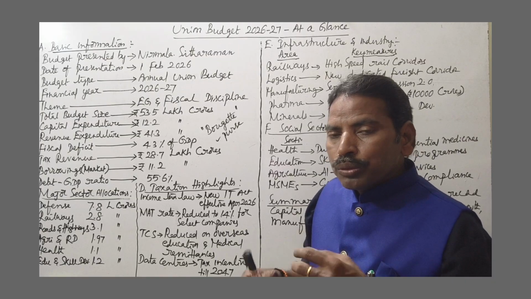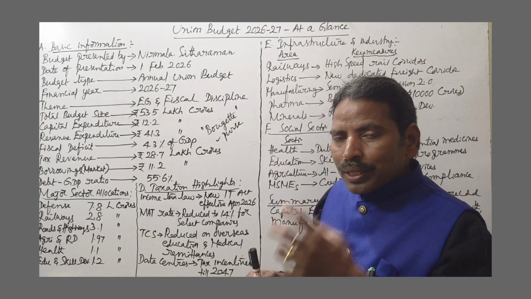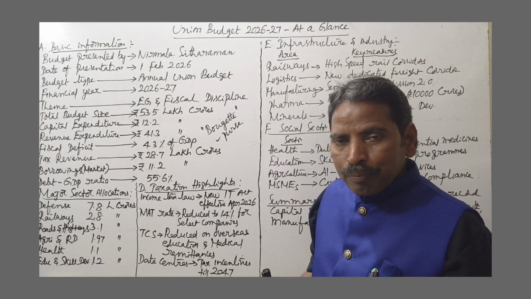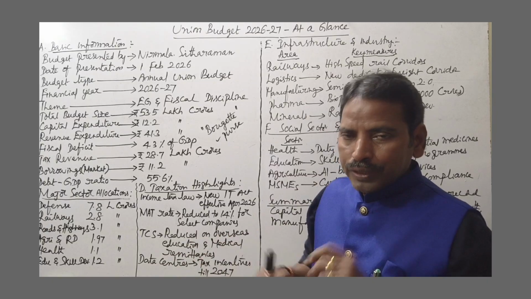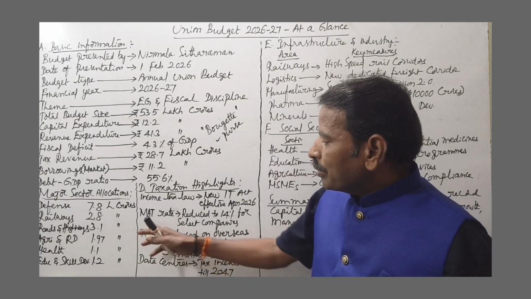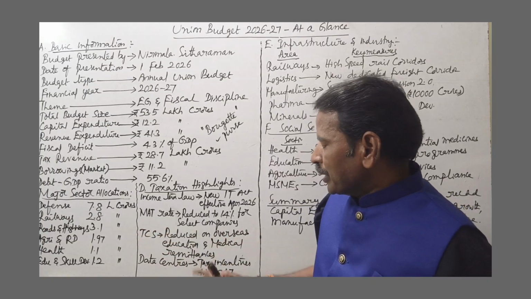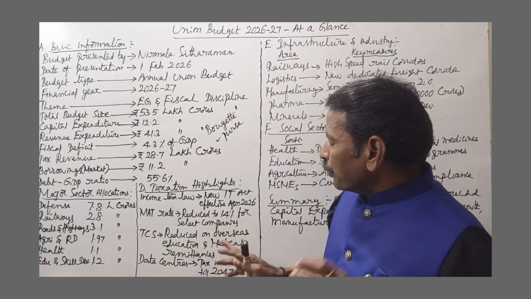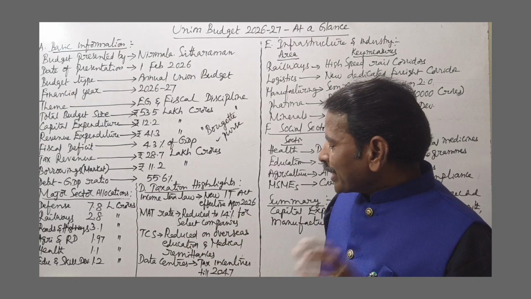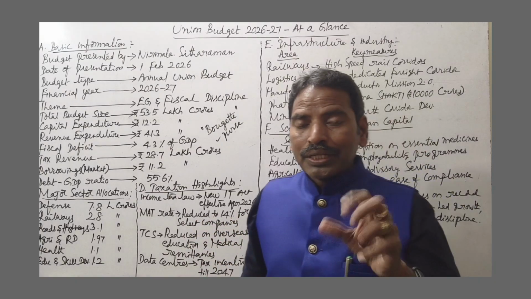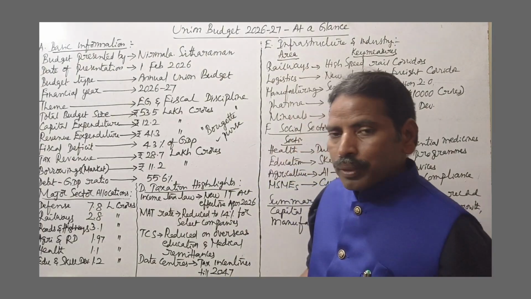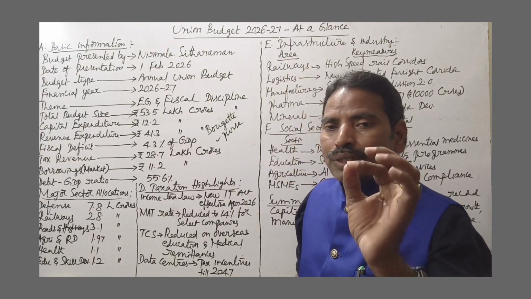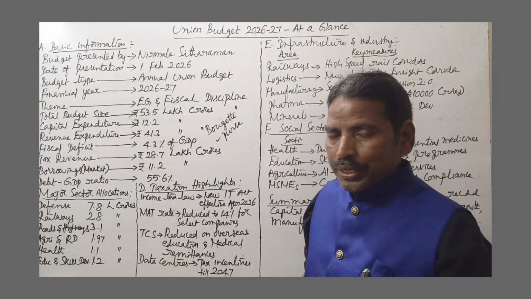The minimum amount of tax that companies have to pay on book profits is called MAT. That is reduced to 14% for select companies.